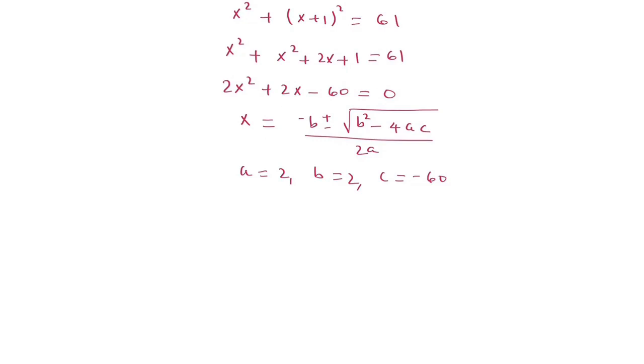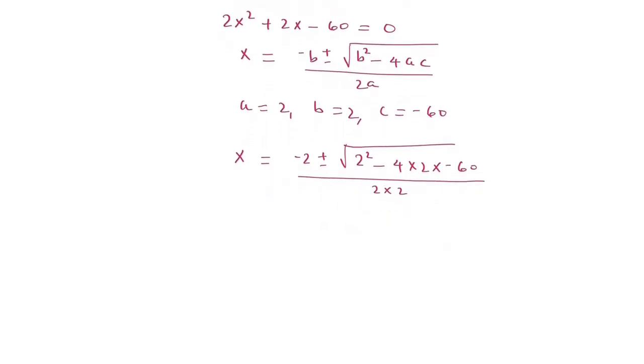Then our equation is going to be x equals negative 2 plus or minus the square root of 2 squared minus 4 times 2 times negative 60, over 2 times 2. Solving this, we have x equals negative 2 plus or minus 22 over 4.